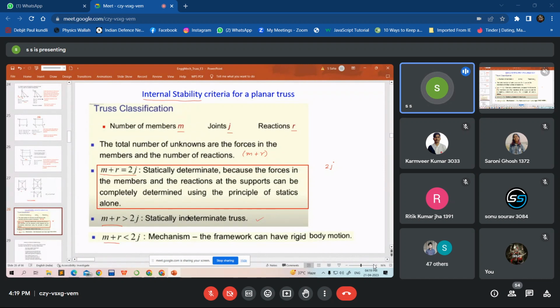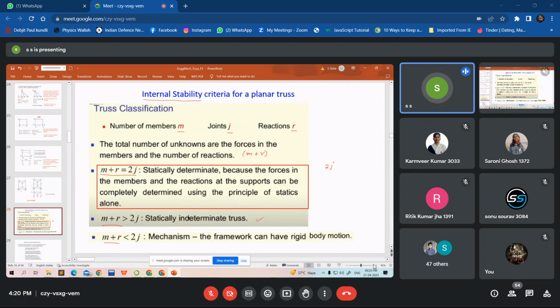If you have fewer equations, then it becomes very arbitrary. You cannot have a fixed solution. And if you have more unknowns than equations, then it becomes indeterminate. You cannot solve at all. Okay.